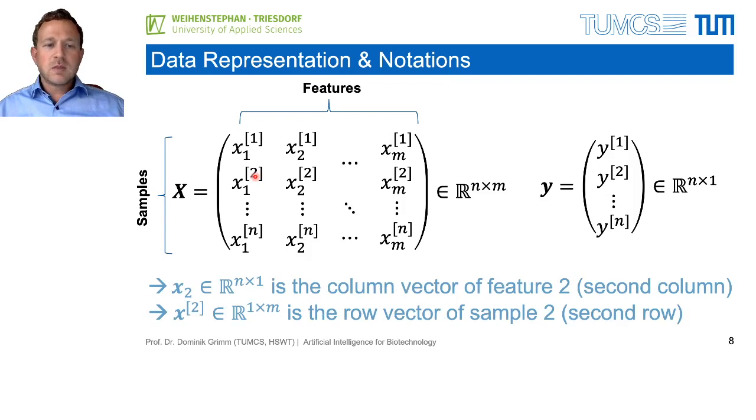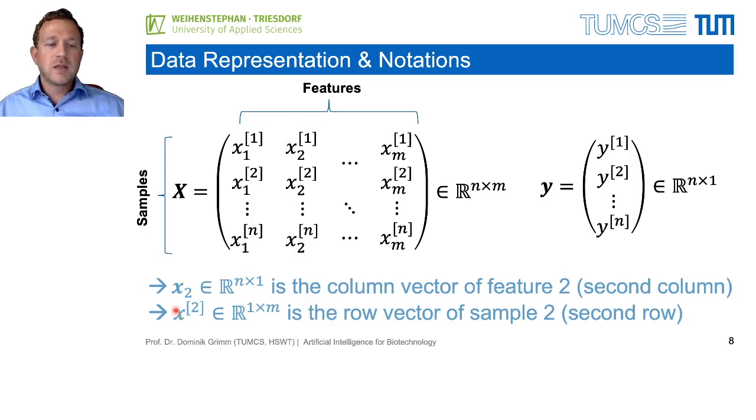We also can write vectors. So if we write lowercase bold letter x index 2, then we refer to the column vector of feature 2. So we said the index refers to the feature, so that's then the vector of feature 2, all the values from this column here, feature 2 across all the samples.